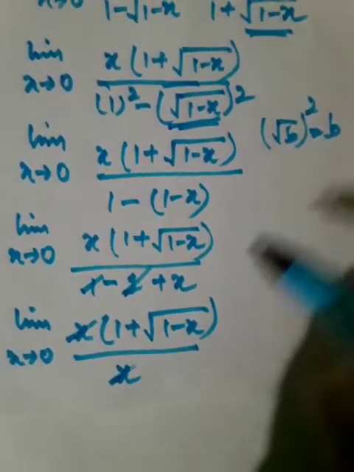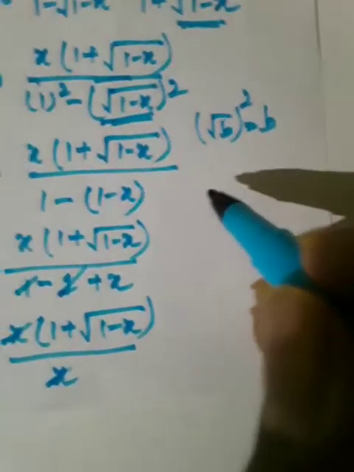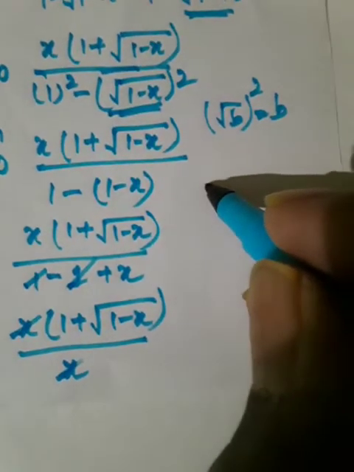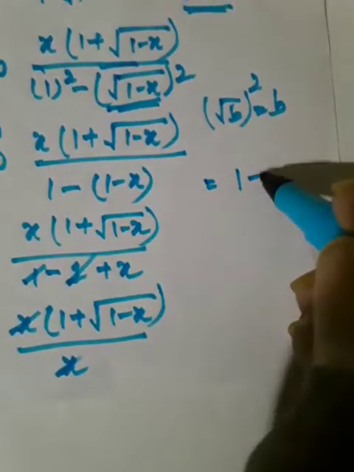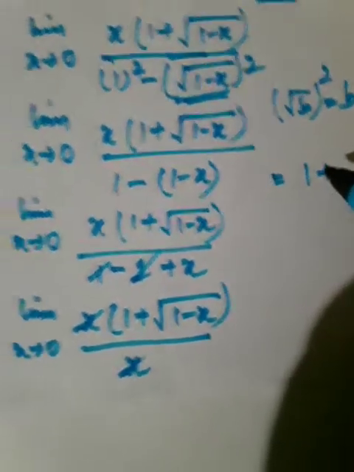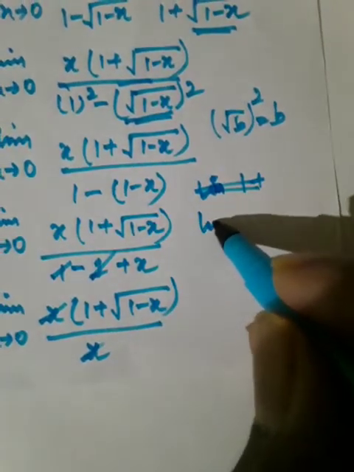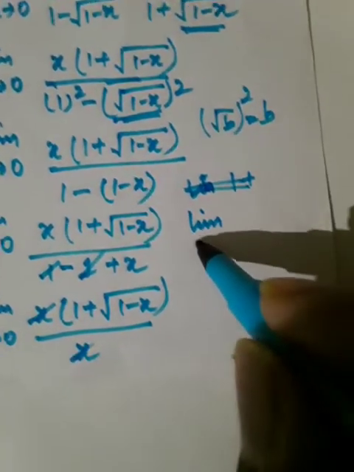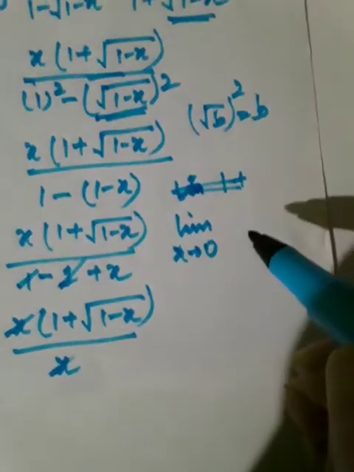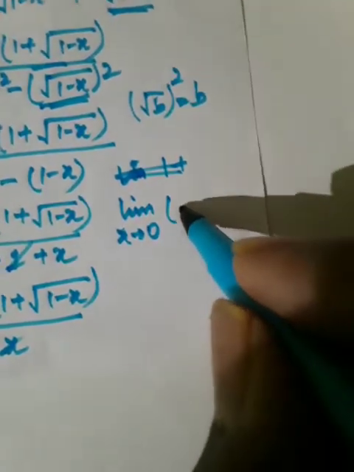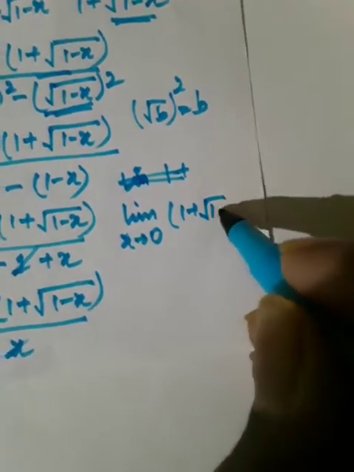Now what remains in the numerator, we get limit x tends to 0 of 1 plus under root 1 minus x.